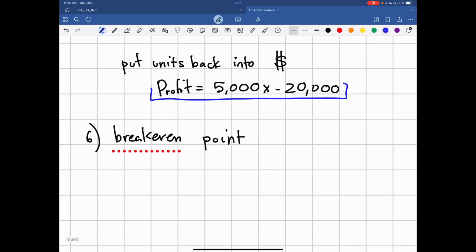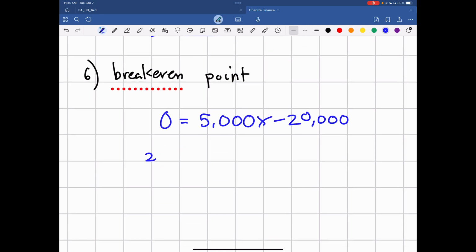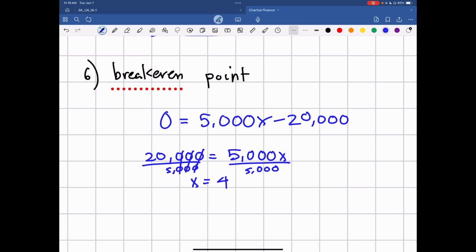But this one just seems easier, so I'm just going to use this one because it's where I ended up. 0 equals 5,000x minus 20,000. So add 20,000 on both sides, which is equal to 5,000 times x. And x would equal 20,000 divided by 5,000. You can cancel the zeros, it would be equal to 4.